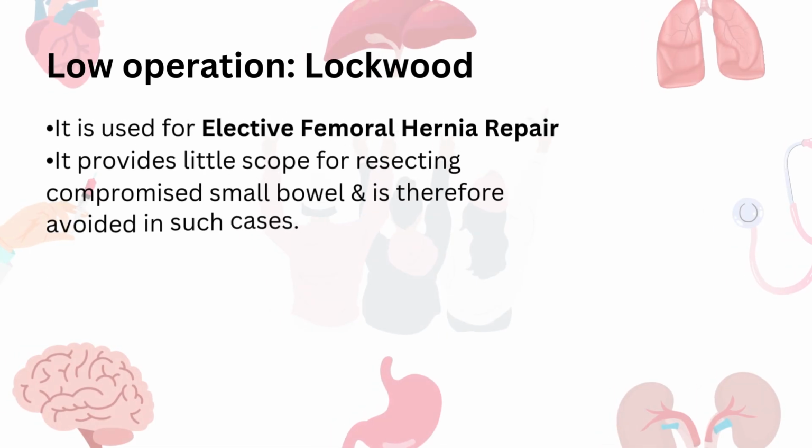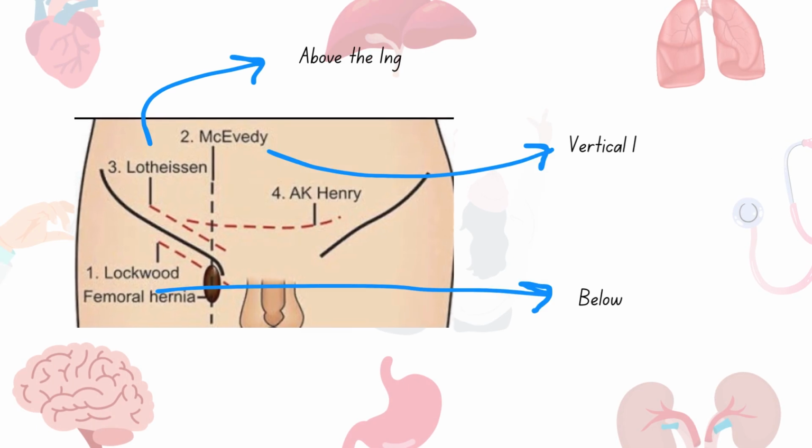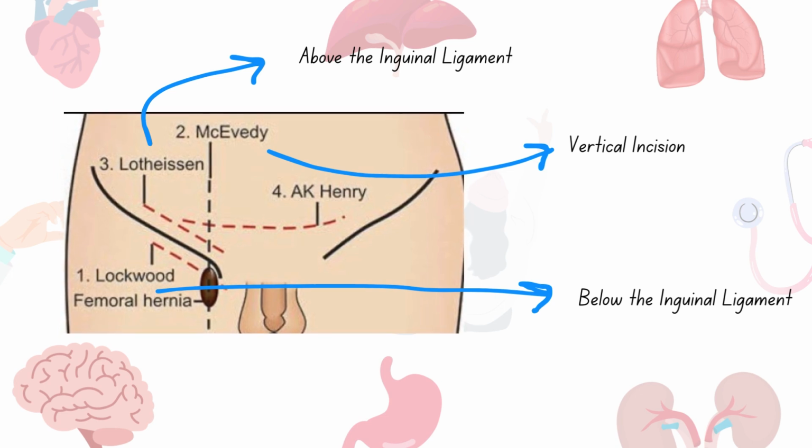The oblique incision is given 1 centimeter below and parallel to the medial inguinal ligament. For inguinal hernias, we give the incision 1.25 centimeter above the inguinal ligament, while in the Lockwood operation for the treatment of the femoral hernia, we give the incision 1 centimeter below and parallel to the medial two-thirds of the inguinal ligament. Remember that.